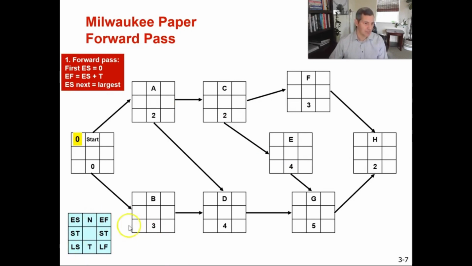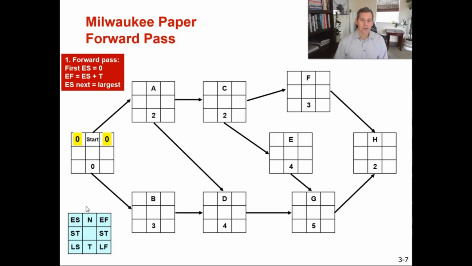You can see at the bottom left of this sheet, I've got a little cheat sheet for you. Your ES is always the top left. Your LS is always the bottom left. Your EF is the top right. And your LF is the bottom right. So going forward, doing our forward pass, we're going to calculate our early starts and our early finishes. So for our start, we're going to take 0 plus 0 equals 0. That one's pretty self-explanatory.